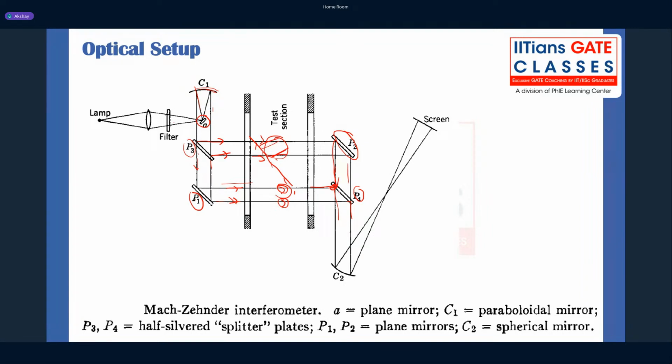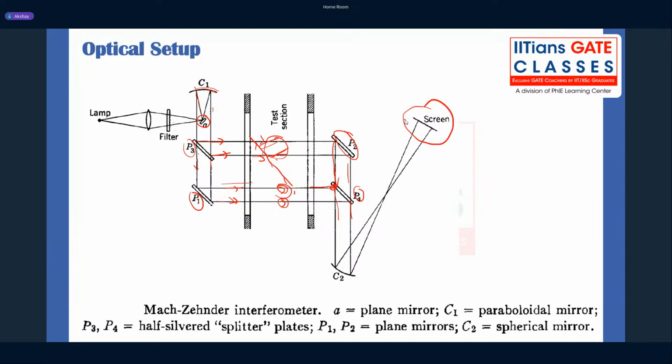All of those light waves which are in phase will give you the bright band. All of those light rays which are out of phase will give you the dark band. Based on that, whatever you record on the screen, you get an interferometry pattern. This is the basic idea. You guys know the double slit experiment.